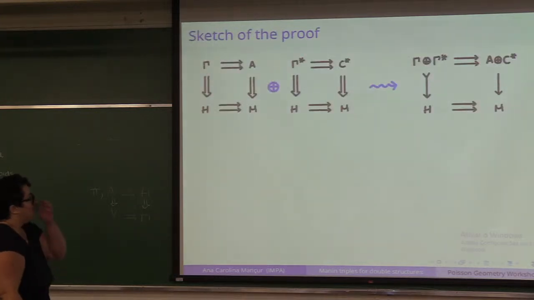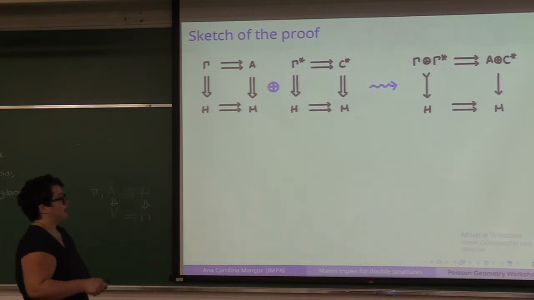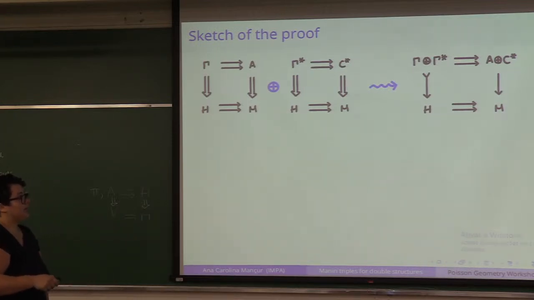And about the proof, so we have a Lie groupoid, a Lie bialgebroid, and the double of this thing, and you get something like that. And we want to prove the compatibility between these two things, that is, the graph of the multiplication of this groupoid here is a Dirac structure.